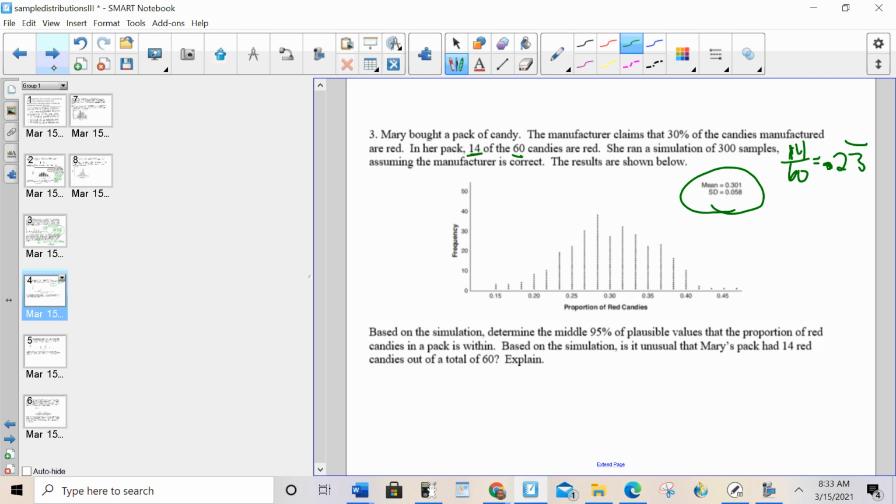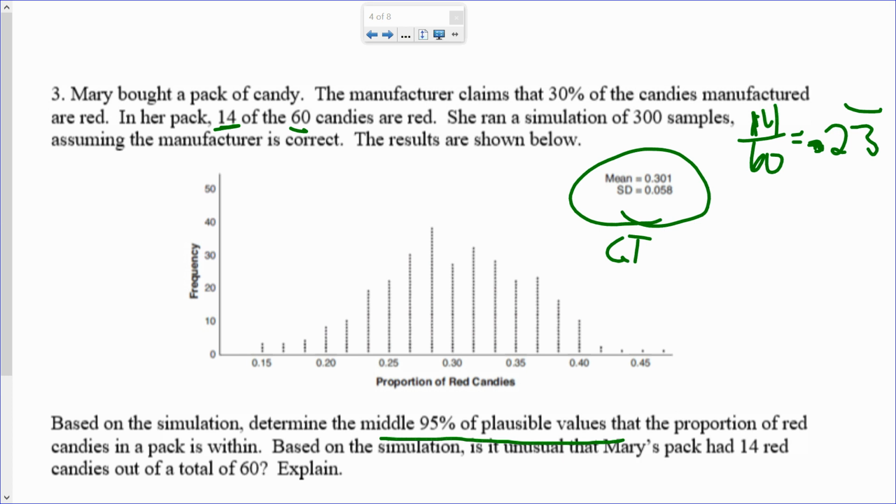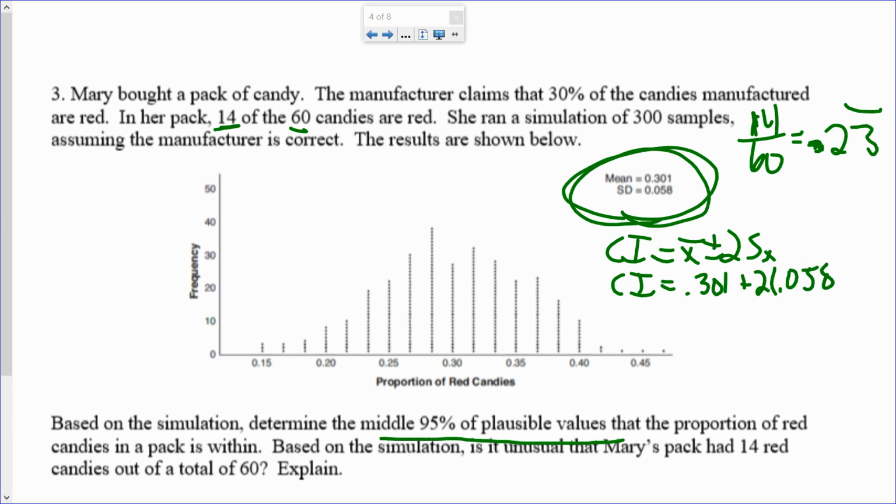Okay, now that you tried number 3 on your own, based on the simulation, determine the middle 95% of plausible values. It's asking for the confidence interval. So the confidence interval is the mean plus and minus 2 times the standard deviation. Those values are right here. 0.301 plus 2 times 0.058, 0.301 minus 2 times 0.058.